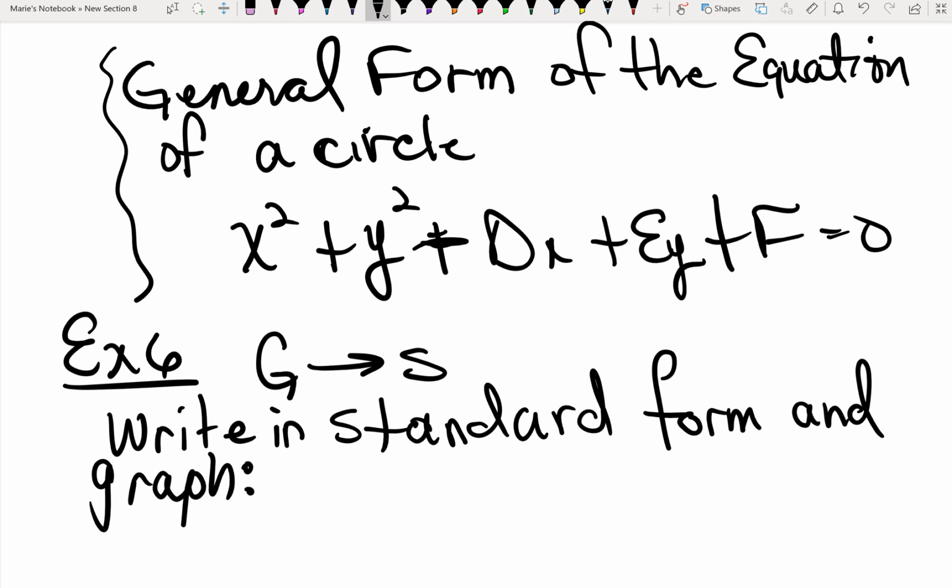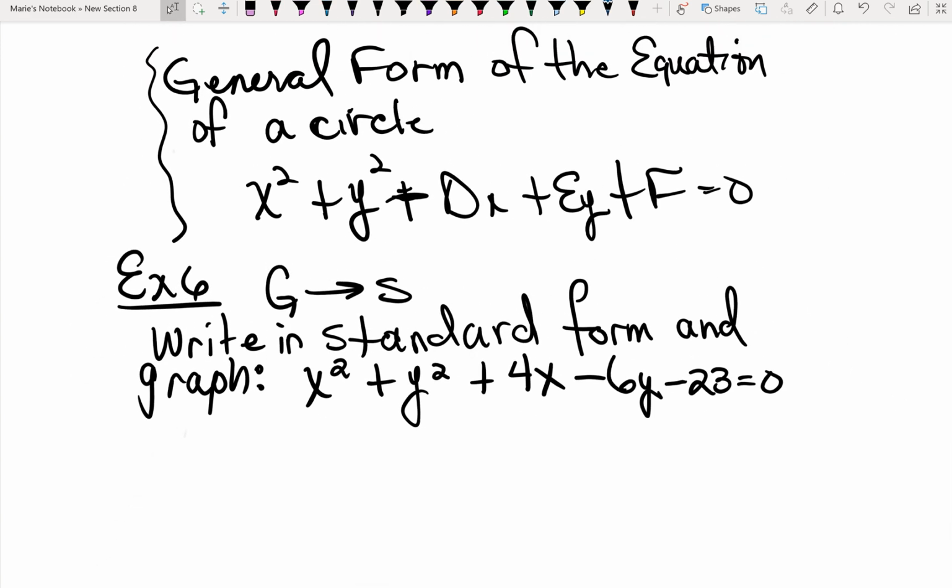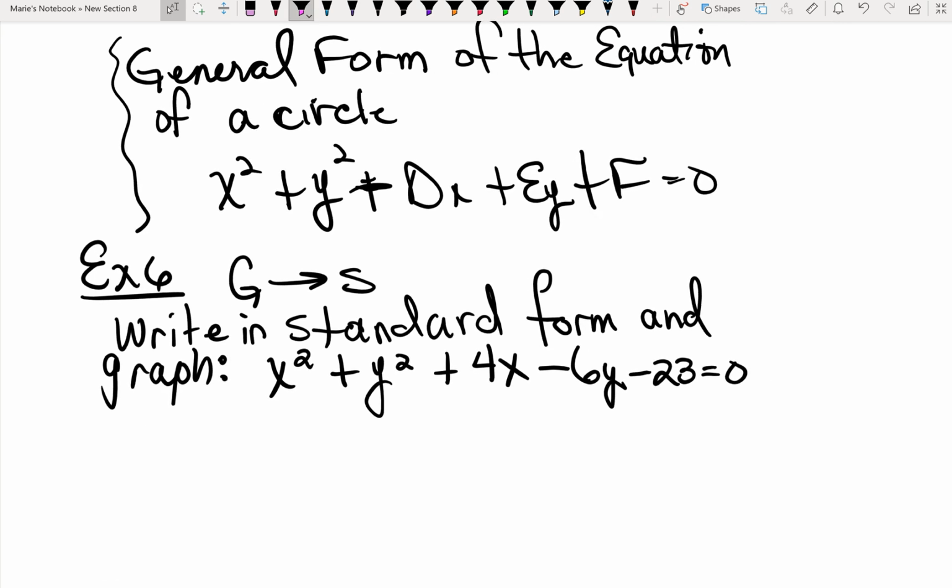They're giving us x squared plus y squared plus 4x minus 6y minus 23 equal to 0. If you recall and follow these steps, I think you'll be in fabulous shape. So first thing, the x's, and notice that I'm grabbing the sign, those two come together. The y's, those two come together. And we're going to do what's called completing the square once we do that.